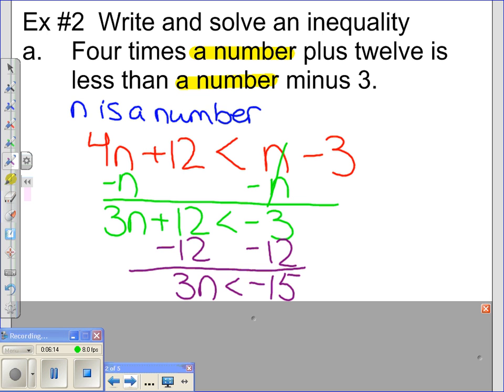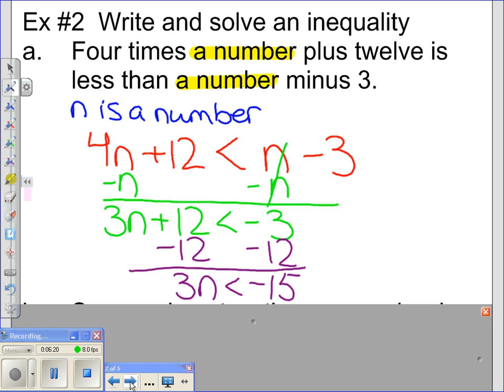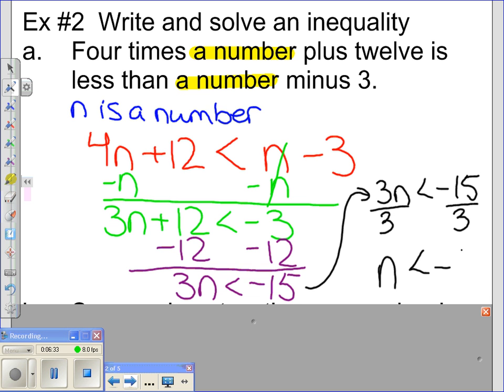And then our final step, that's right, divide. And I'm just going to write this again over here since I'm running into my other problem. So we'll divide by 3, and you get n is less than negative 5.